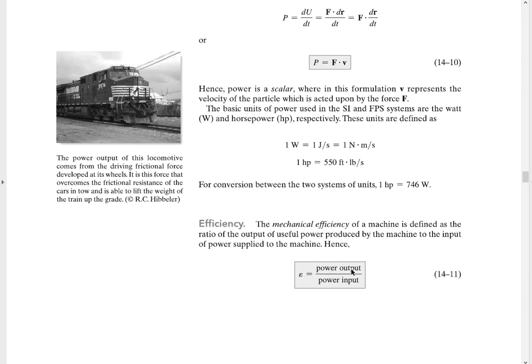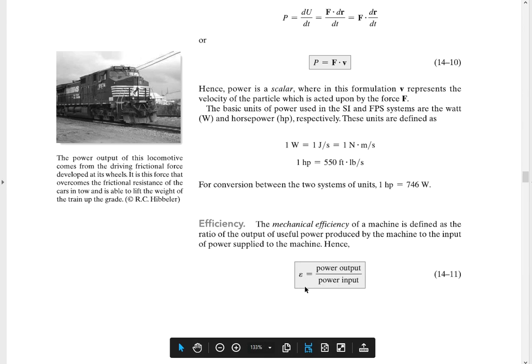Okay, so the output power over input power is always going to be less than 1, ideally 1, but never greater than 1.